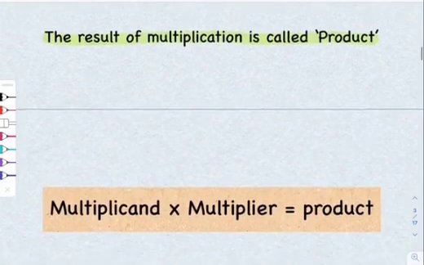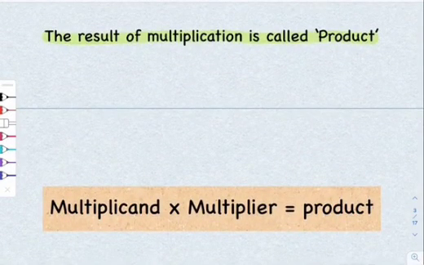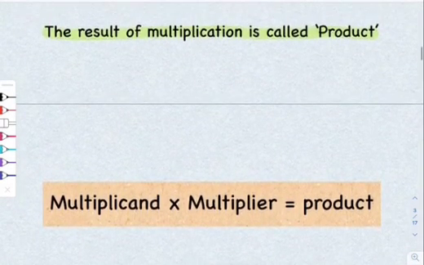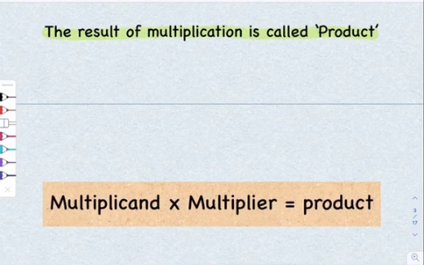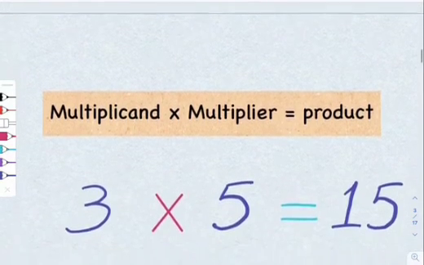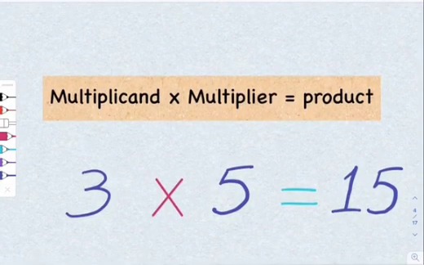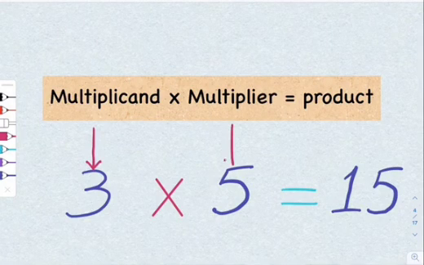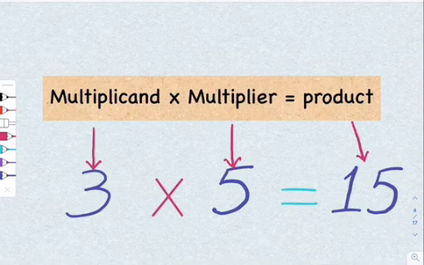Now with this, we can even form an equation which says multiplicand into multiplier gives me product. For example, if I have an equation 3 into 5 is equal to 15, 3 becomes the multiplicand, 5 becomes the multiplier, 15, which is got as a result, becomes the product.